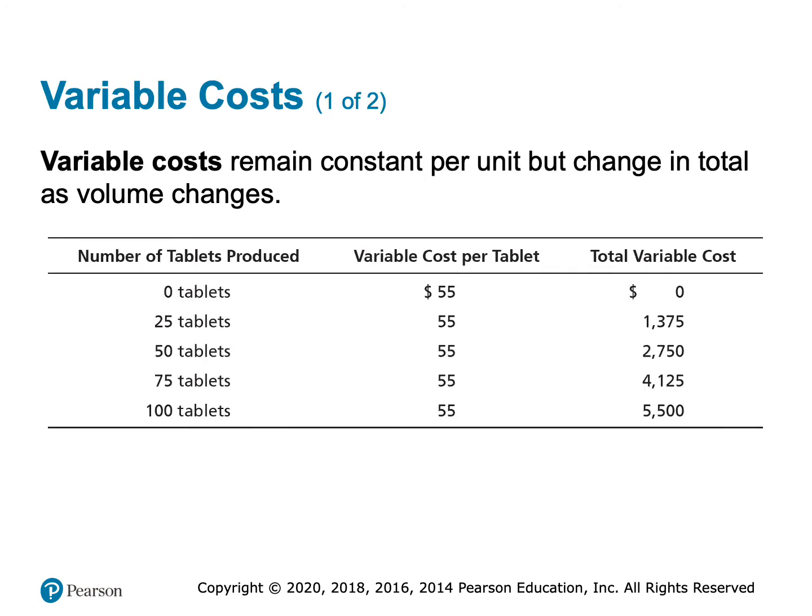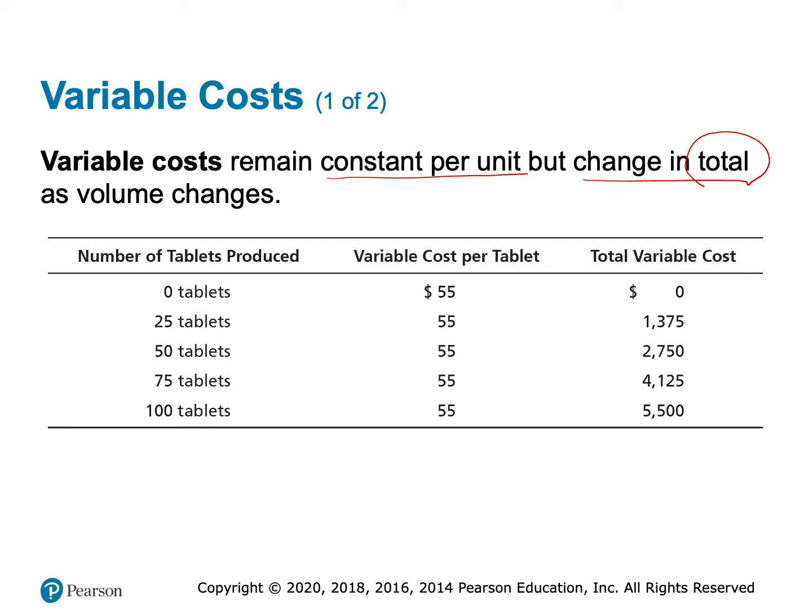So a variable cost is a cost that changes in total. So the key is a variable cost varies or changes in total. It is fixed or constant per unit. So a variable cost has the same per unit cost, but the total changes. And a key part of this definition, and I don't have it on the screen, but you'll want to write it down, is that it changes in total as volume changes.